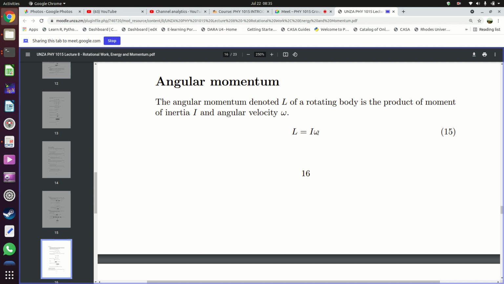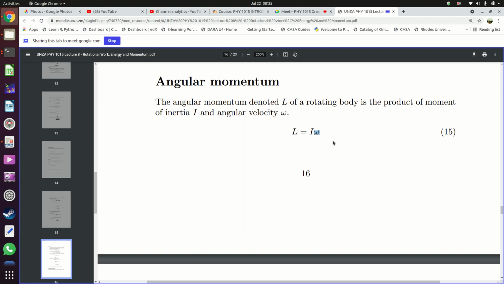Are we clear on what momentum is? Whether it's linear momentum or angular momentum, momentum measures the amount of motion which an object is undergoing. So if you have an object, and this particular object stops rotating, the angular velocity is equal to 0, so the angular momentum is going to be equal to 0.